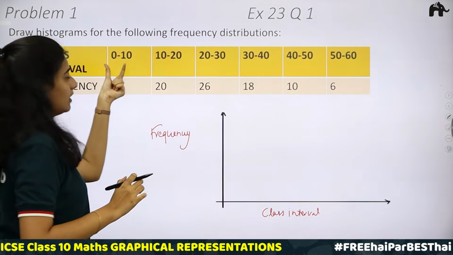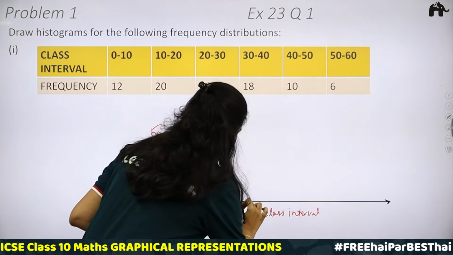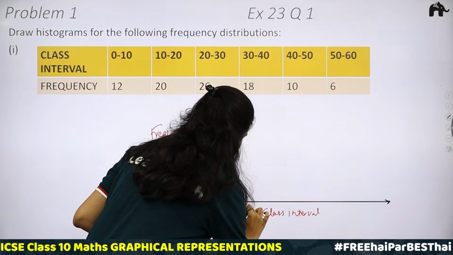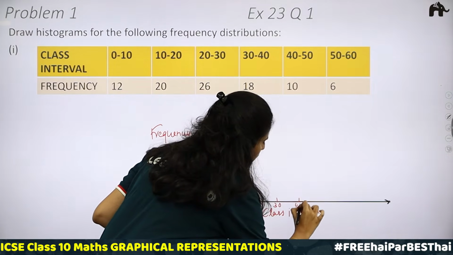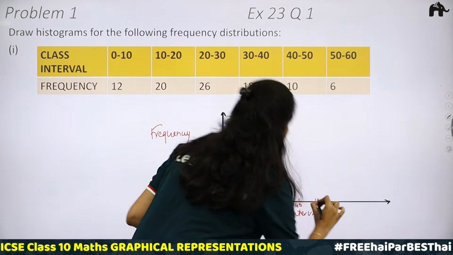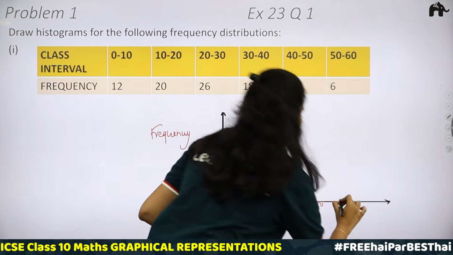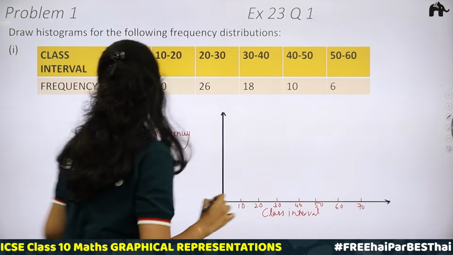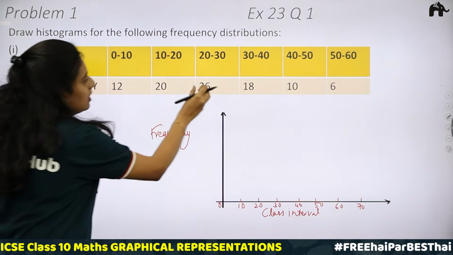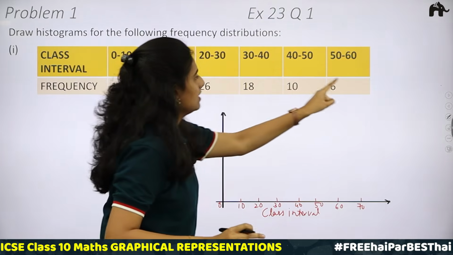So, we can take an interval of 10. Here we have 0, 10, 20, 30, 40, 50, up to 60 we need. You can even take 70, that is okay. Then, frequency 12, 20, 26, 18, 10, 6.